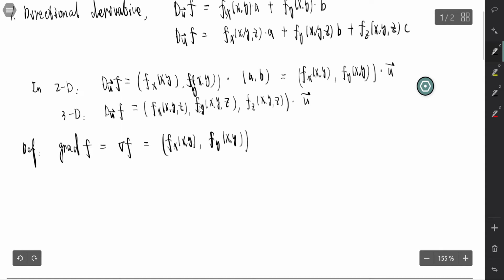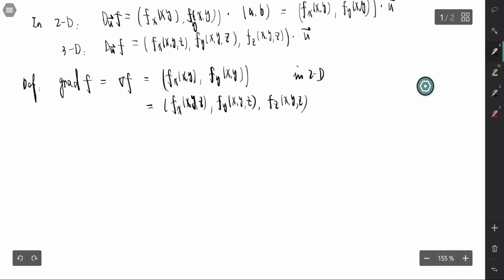We call this vector the gradient of f in 2D. In 3D, it is written as (f_x(x,y,z), f_y(x,y,z), f_z(x,y,z)). That's the definition of the gradient vector. These 2 are notations for the same vector.